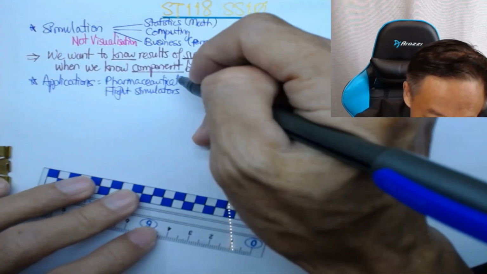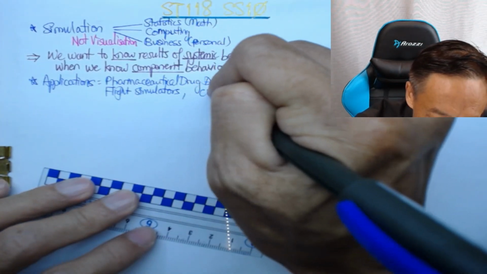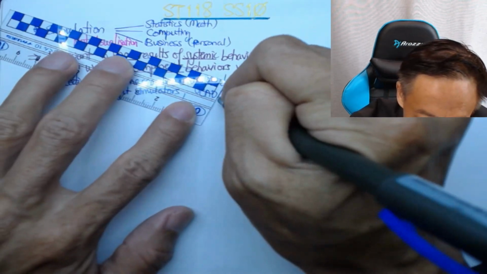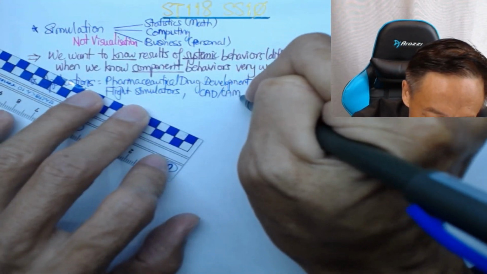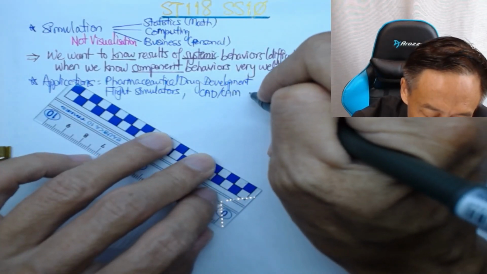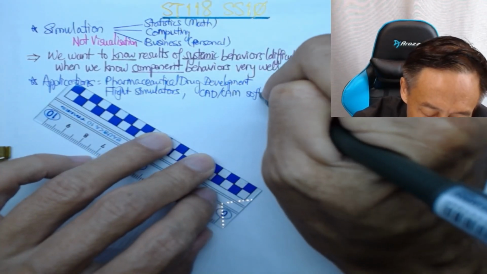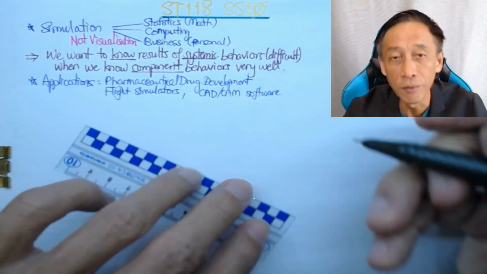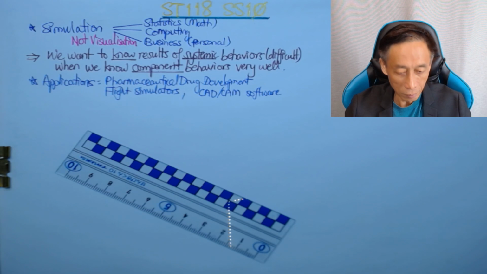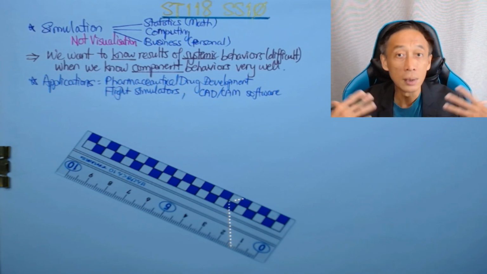I can quote another one, which is like CAD/CAM software, computer aided design, computer aided manufacturing, right? Kind of software which assist in designing various things, such as various electronics circuits.